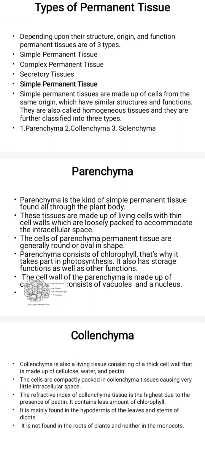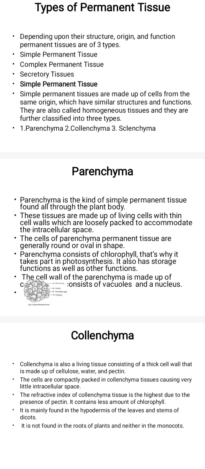Parenchyma is the kind of simple permanent tissue found all through the plant body. These tissues are made up of living cells with thin cell walls which are loosely packed to accommodate the intercellular space.